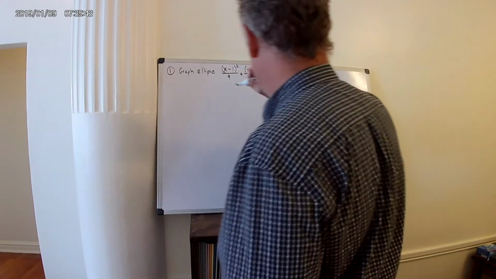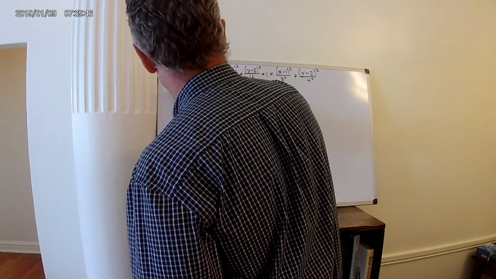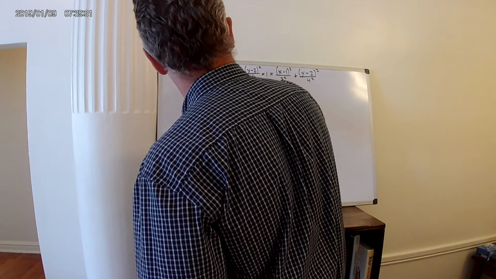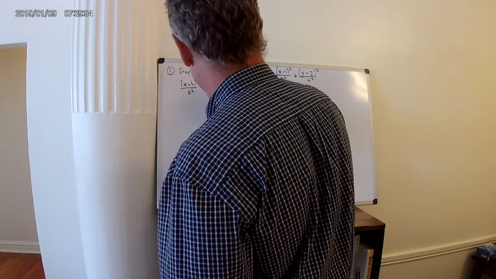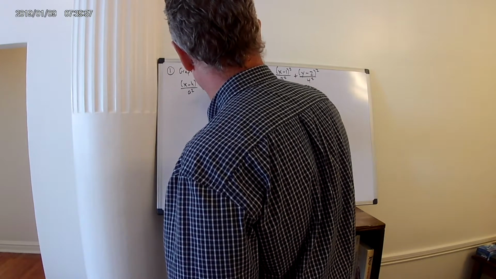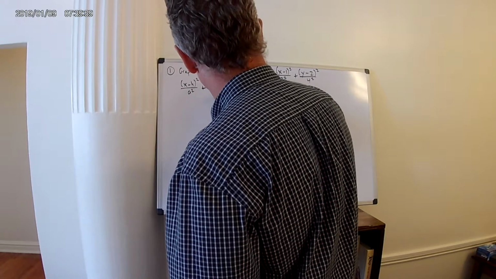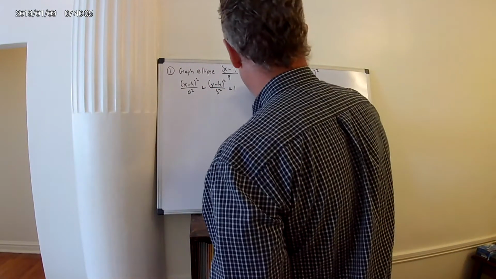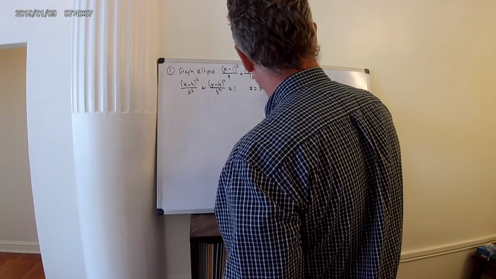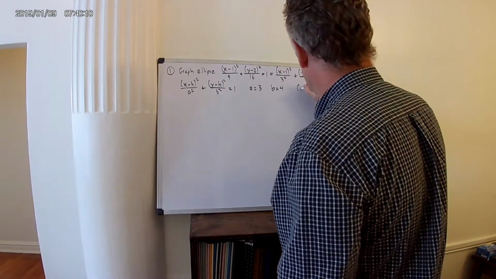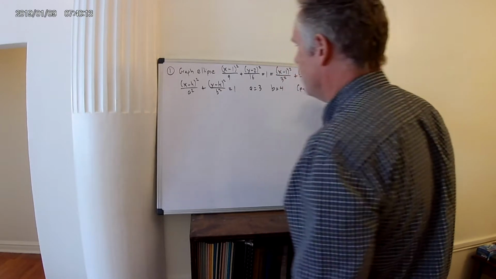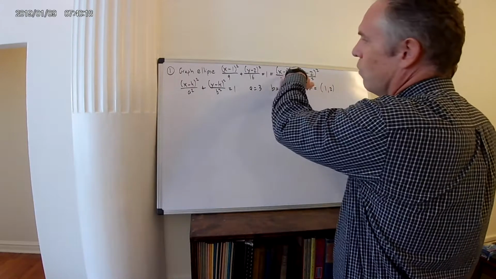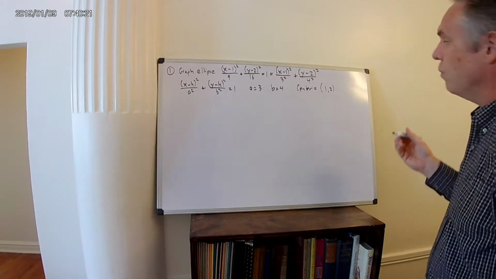Then if we compare this to the standard form of an ellipse, which is x minus h squared over a squared plus y minus k squared over b squared equals 1, we can see that a is equal to 3, b is equal to 4, and the center is equal to 1, 2, because we can identify 1 as h and 2 as k. And so now we can graph this.